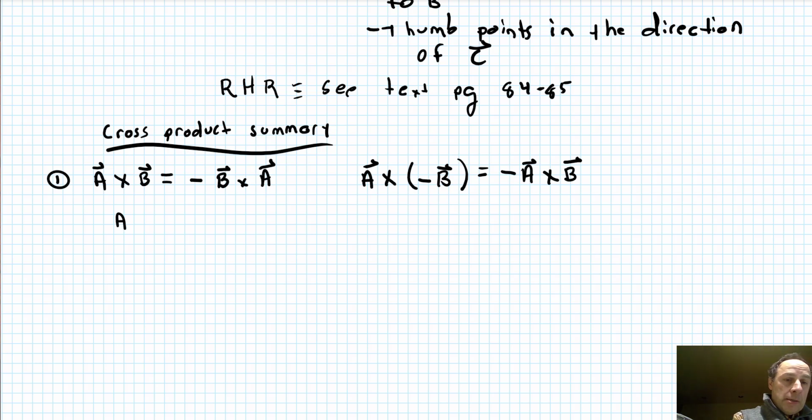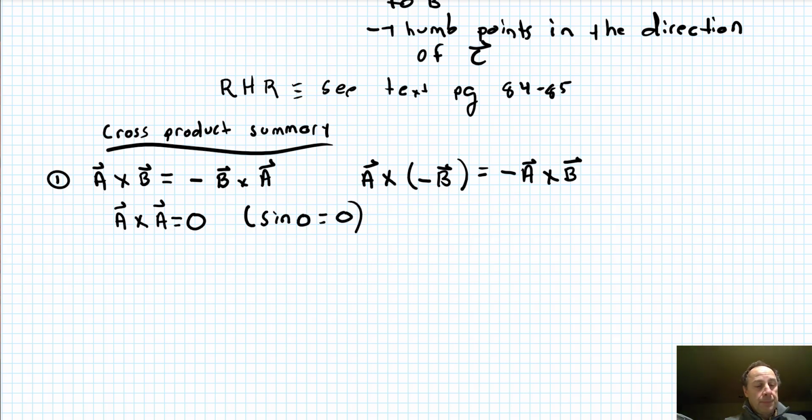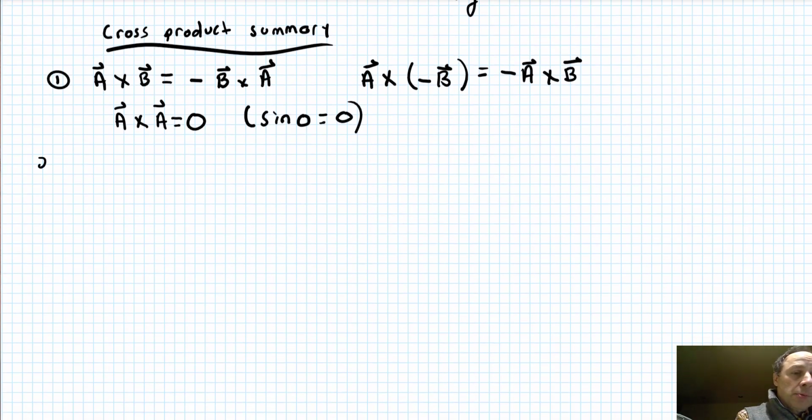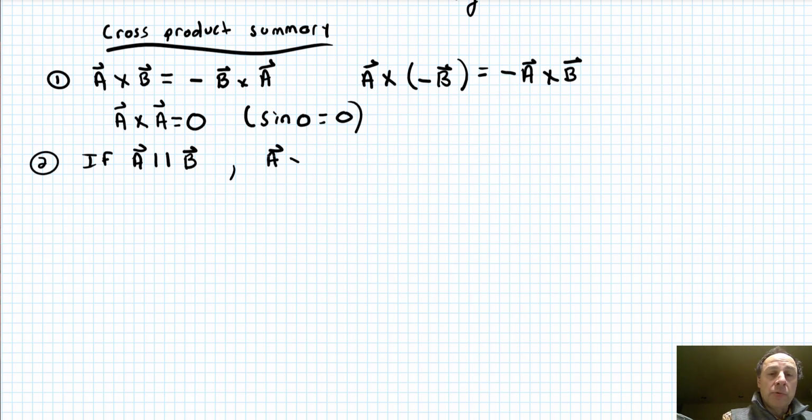And A cross A equals 0, because sine of 0 is 0. Okay, so that's the first set of properties of the cross product. Number 2, if vector A is parallel to vector B, then A cross B equals 0.